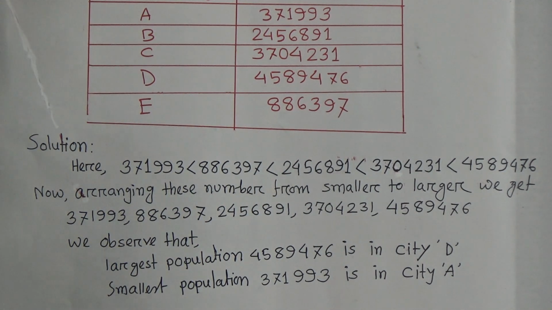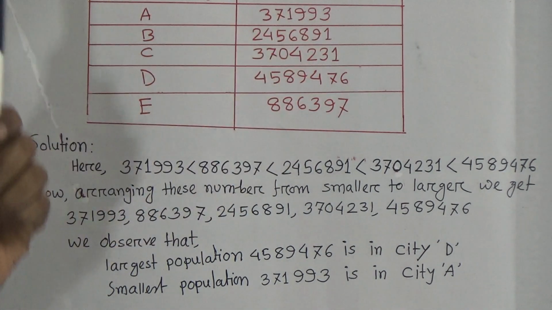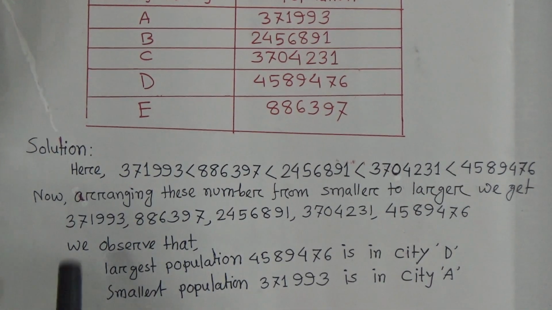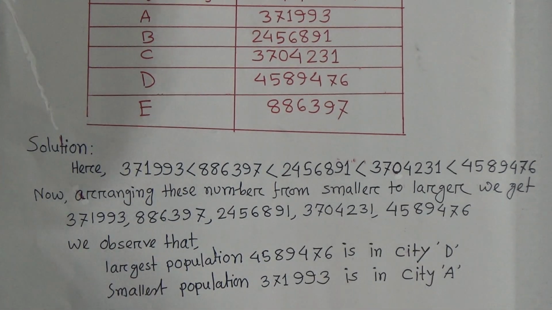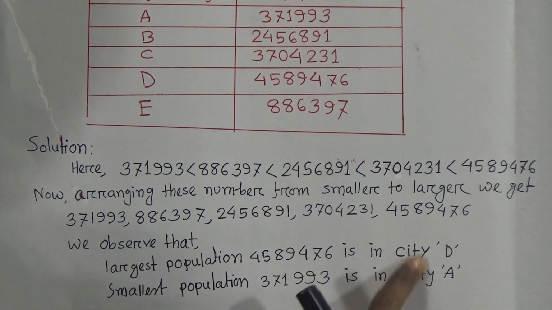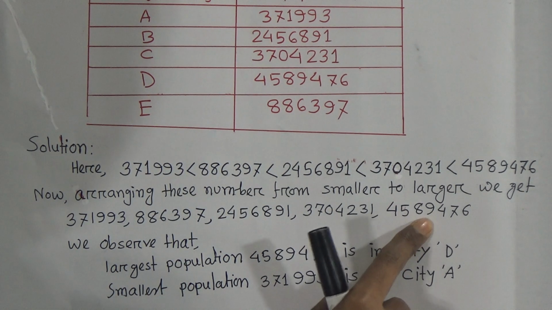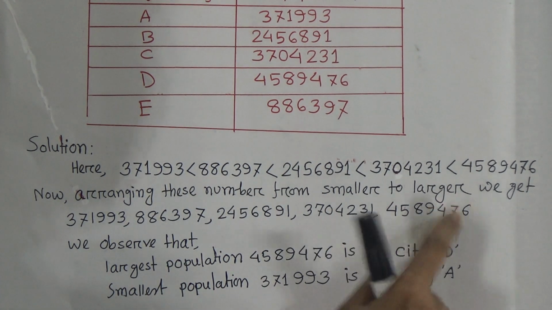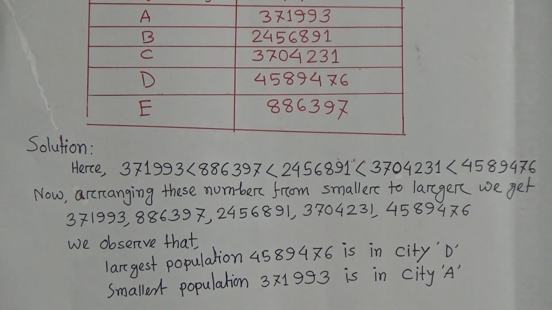Now, you see the last question. Answer which city has the largest population. You see, among the populations, which population is the greatest? You see, 45,89,476. This is the greatest population.